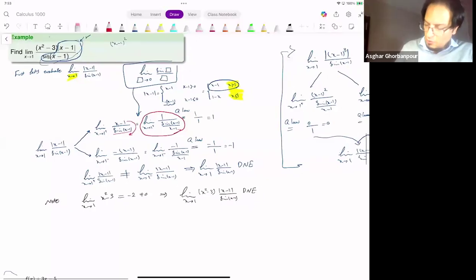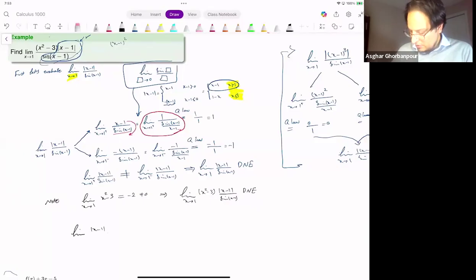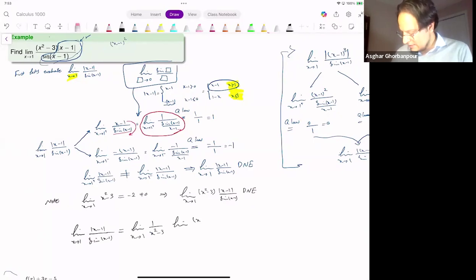One way of saying that the whole thing does not exist is this. The limit of (x minus 1) over sine of (x minus 1), we already saw that this limit, if it exists, is the same thing as the limit of this times (x squared minus 3) times (x minus 1) over sine of (x minus 1) as x goes to 1.